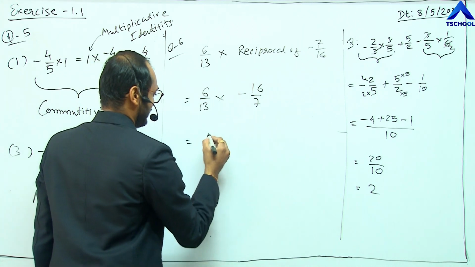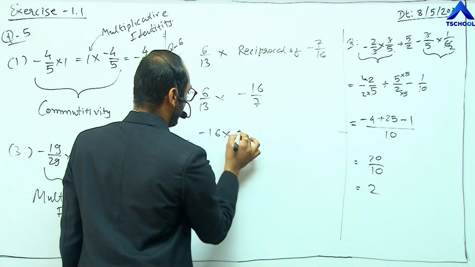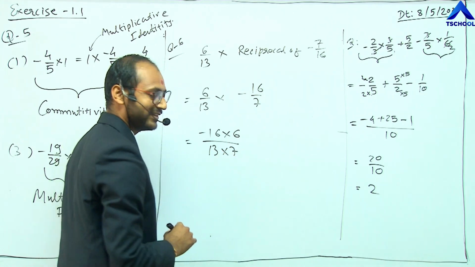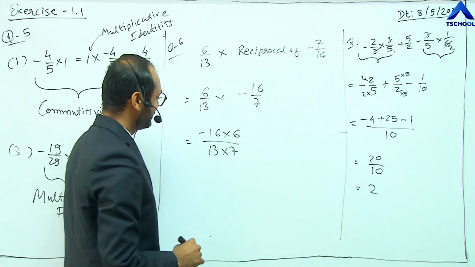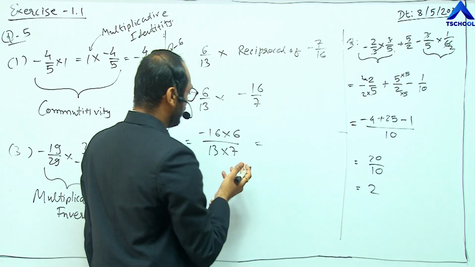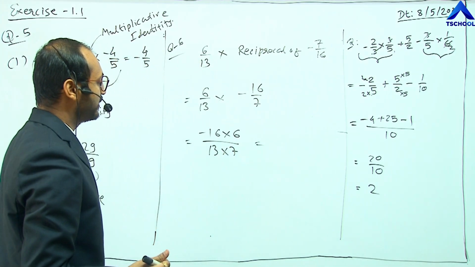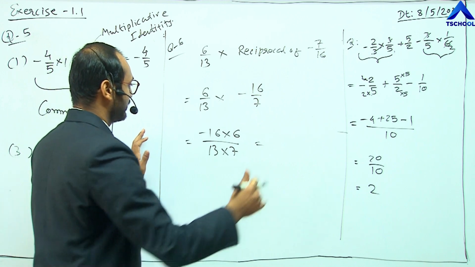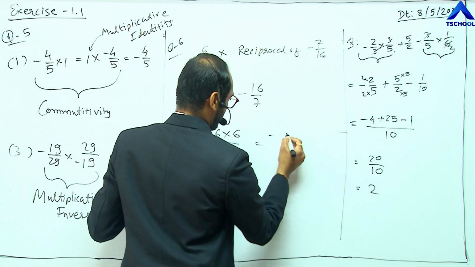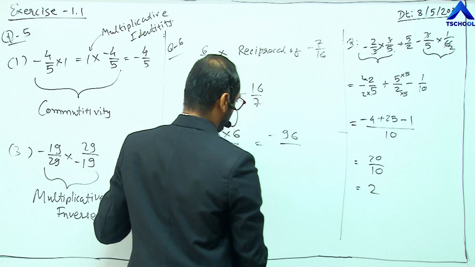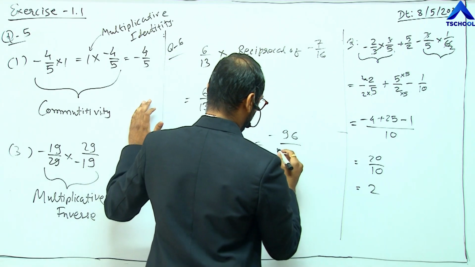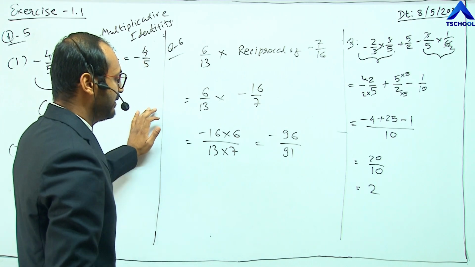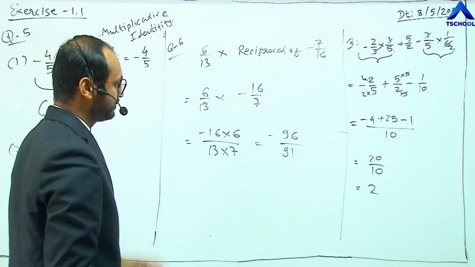So 16 multiplied by 6 upon 13 multiplied by 7. This is the answer. Now we cannot simplify it further, but we can do this multiplication only: 96 divided by 91.